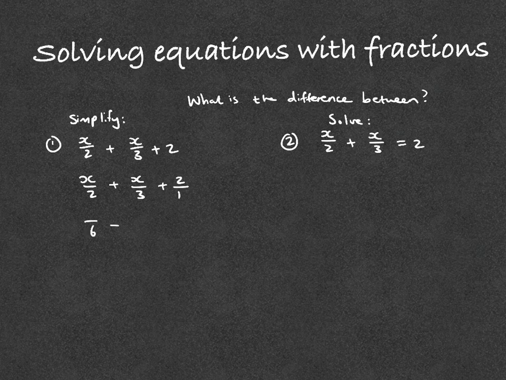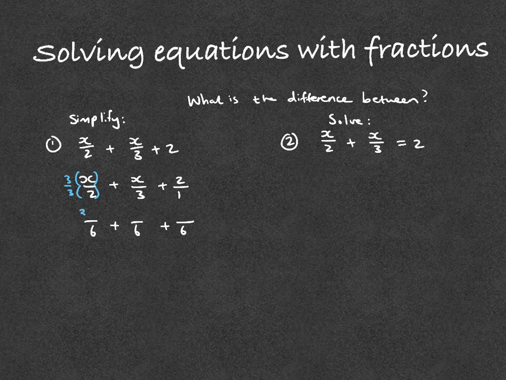So you can write each of those fractions with a denominator of 6. In other words, here we're going to multiply by 3 on the top and the bottom. Remember what your primary school teacher said: what you do to the bottom, you do to the top. And why is that legal? Because 3 divided by 3 is actually just 1, right? You're just multiplying that fraction by 1.